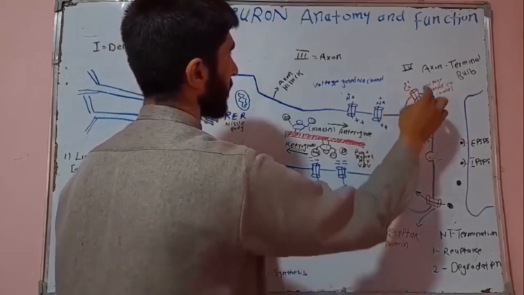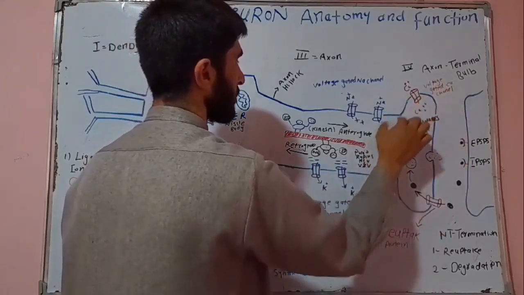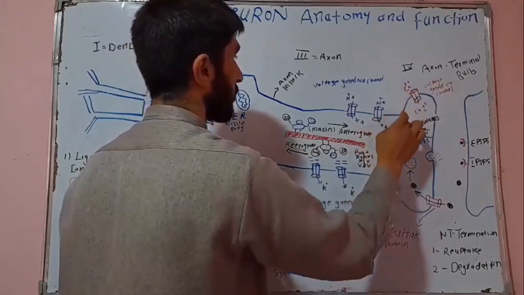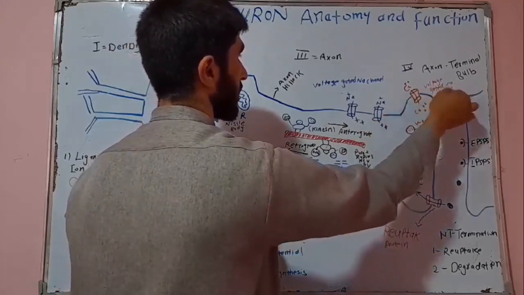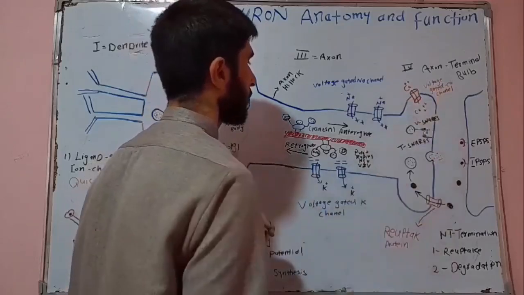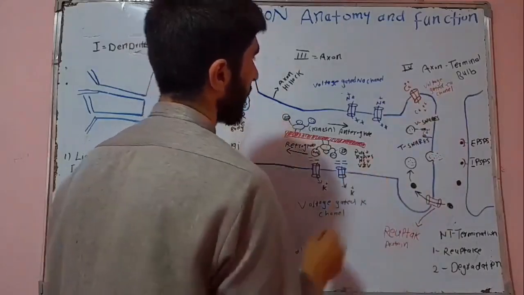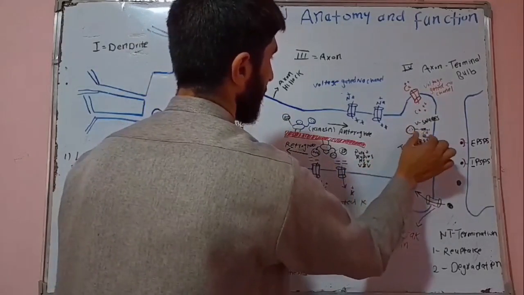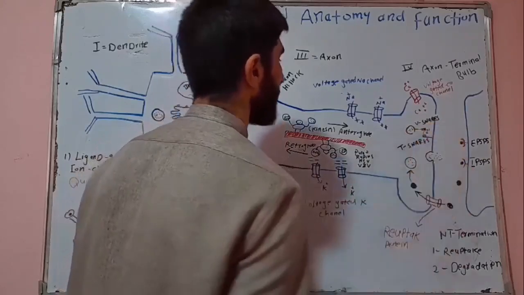There is a channel by the name of voltage gated calcium channel. This positive ion will stimulate this channel. If the action potential reaches the axon terminal, it will open the voltage gated calcium channel. More calcium will enter the axon terminal bulb, and calcium's function is to attach the vesicle to the cell membrane.